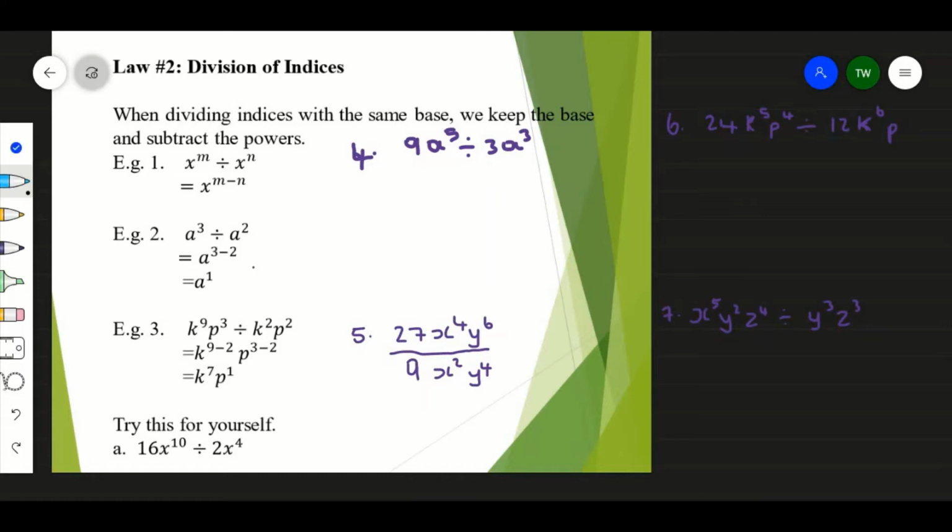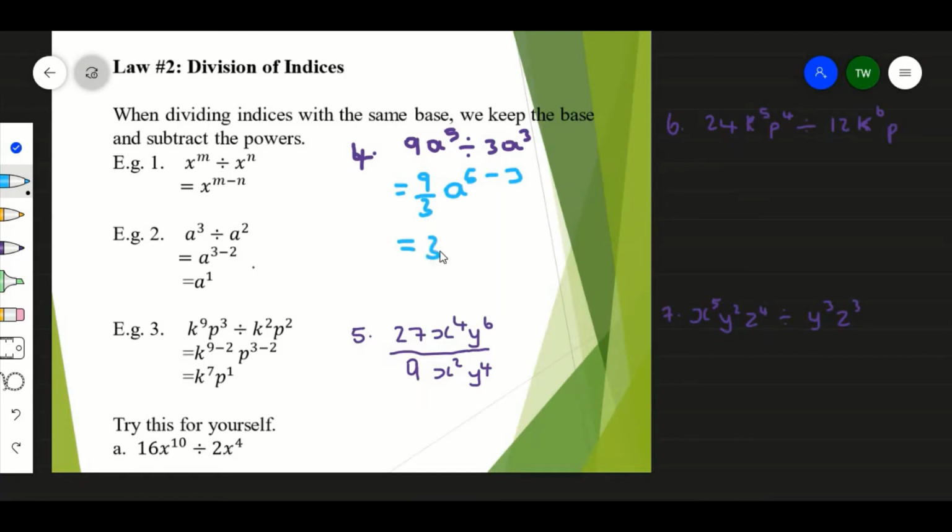Alright, example 4. 9a to the 5th power divided by 3a to the 3rd power. Then this is going to equal 9 divided by 3, and put the a here, and then it's going to be 5 minus 3, which gives us a final answer of 9 divided by 3.